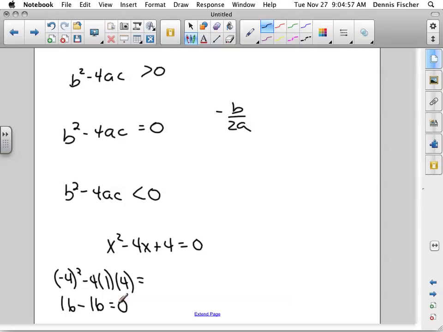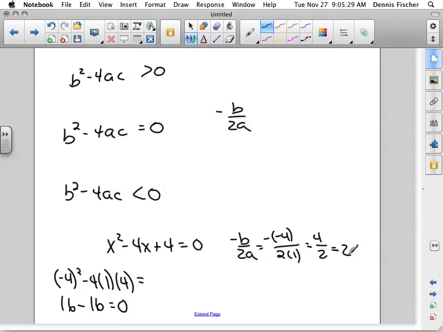Discriminant is 0. How many solutions? 1, right? My only solution to this problem is going to be negative b over 2a, which is 4 over 2, which is 2. X equals 2 is the only solution to that problem. One of the little tricks that they don't explain too often, but that is the only solution.